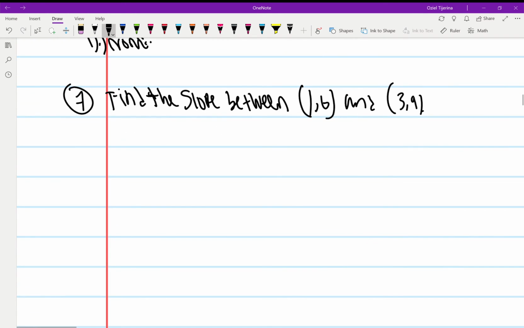So for this one, you have 1, 6 and 3, 9. Well, basically there's two ways you can do this. You can do it by an equation that says m equals y2 minus y1 over x2 minus x1.